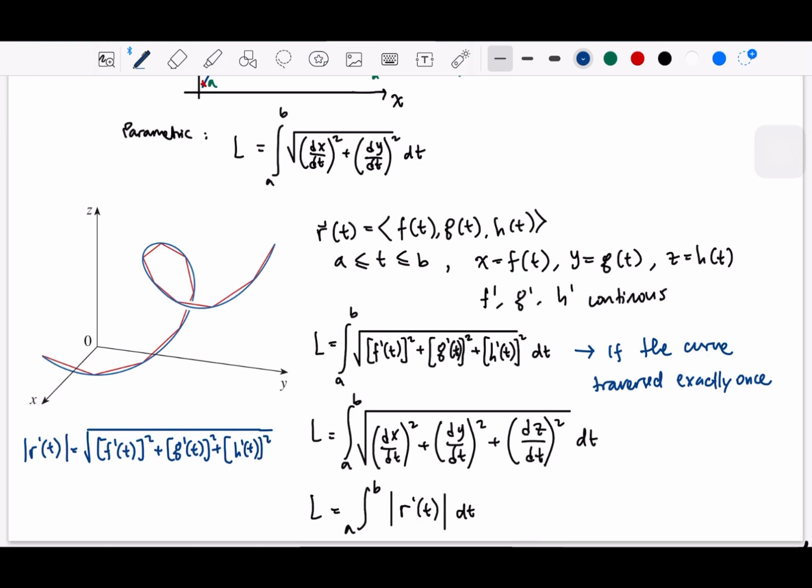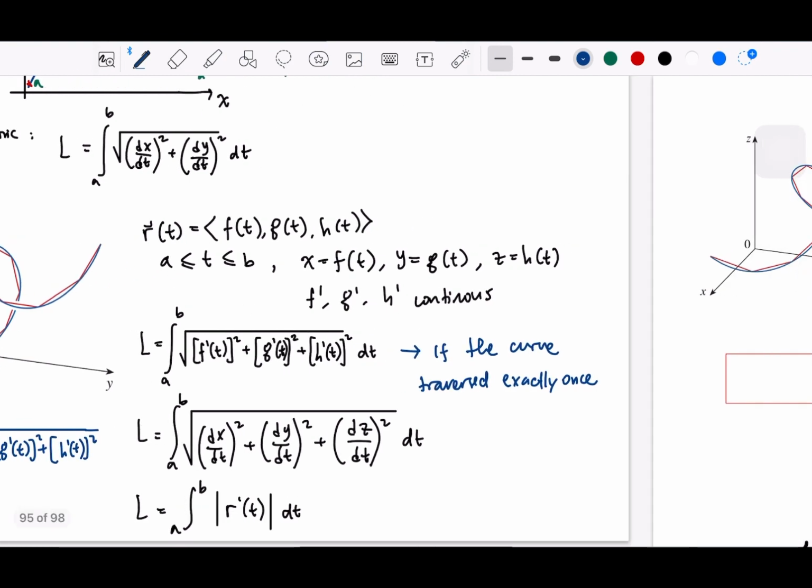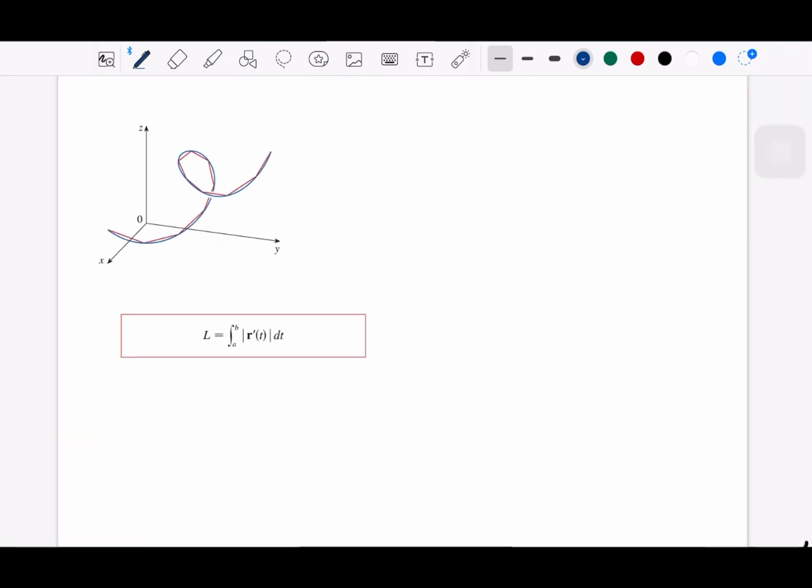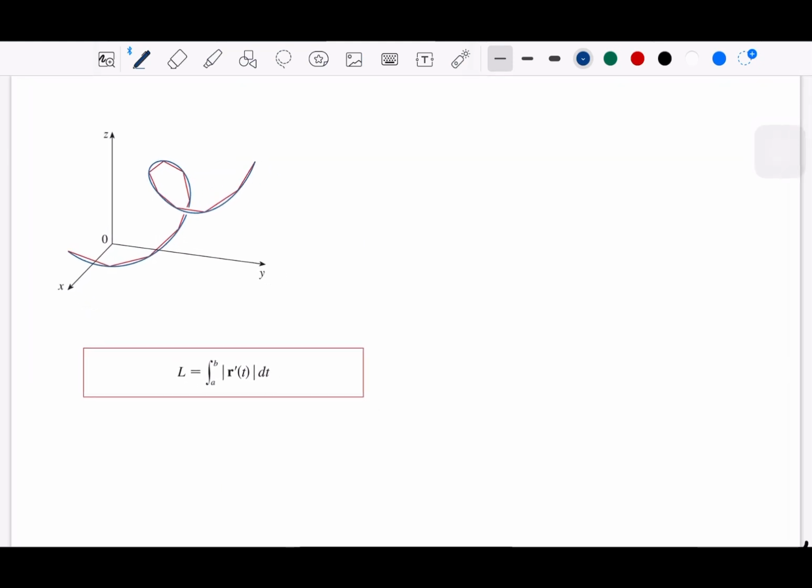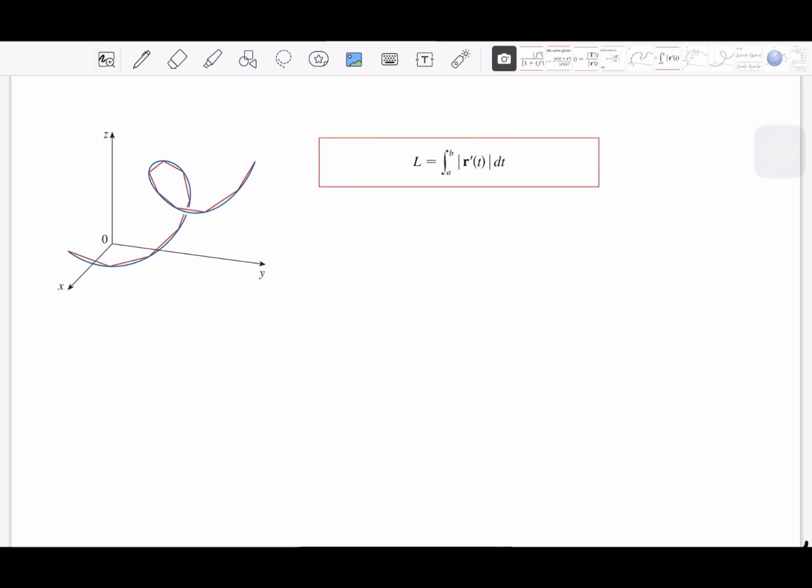Okay, let's continue. This is the conclusion, the arc length.